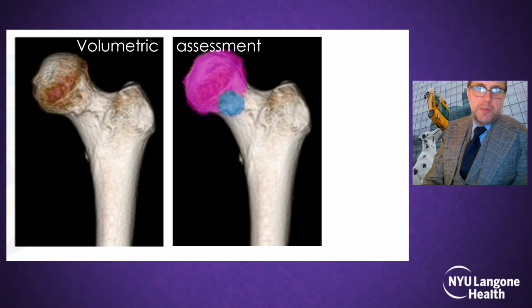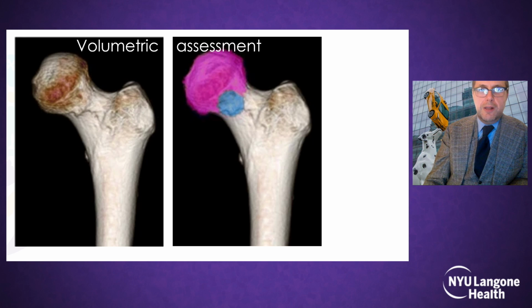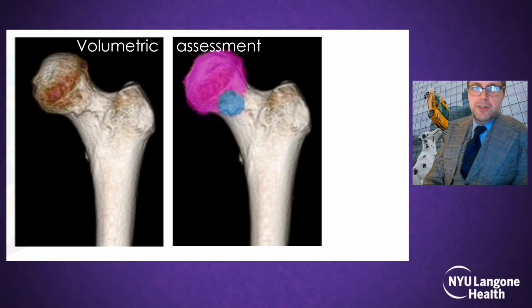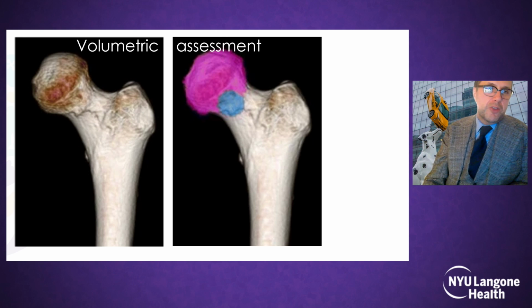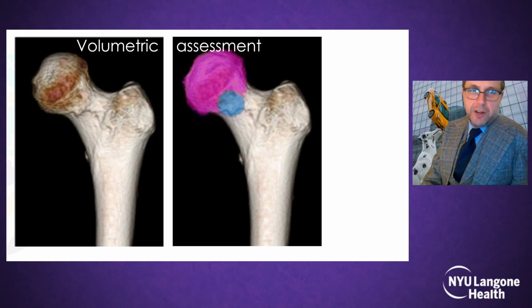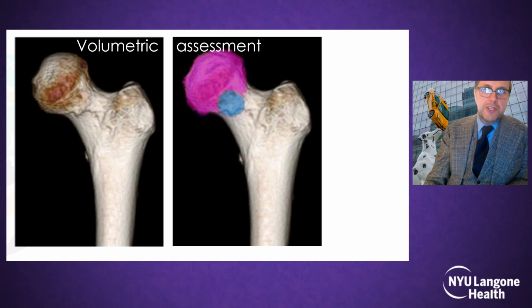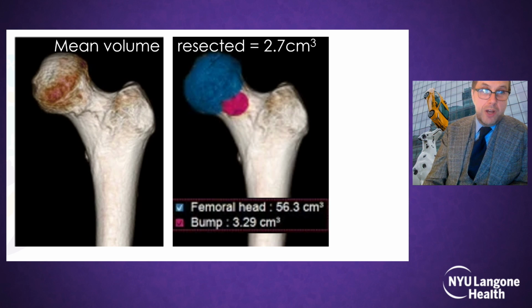So how does the volumetric assessment actually help? This is what we do. We get the images of the hip on the left, the 3D reconstruction, and then recontouring of the femoral head in pink with a different color chosen for the abnormal tissue. And this can actually be quantified.